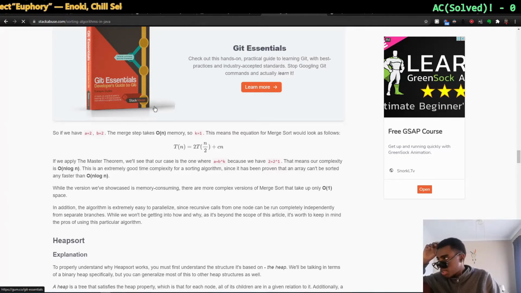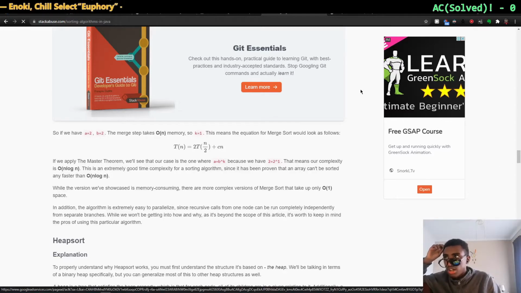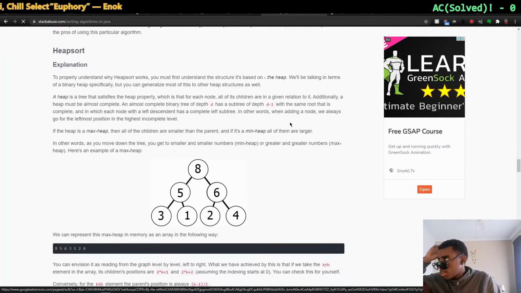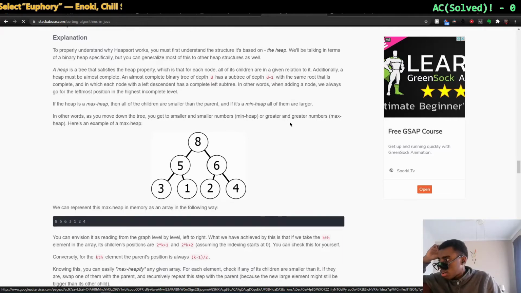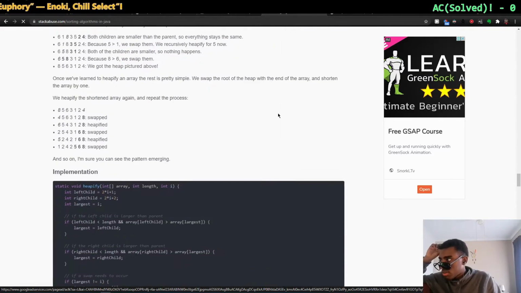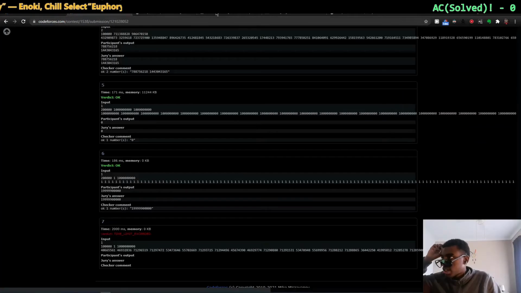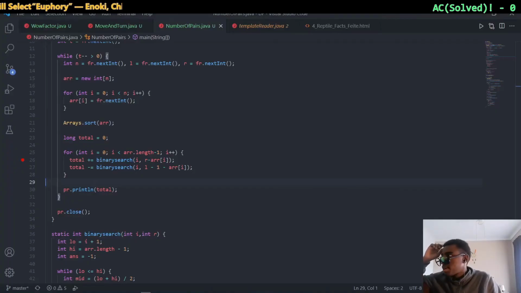O of n memory, O of n log n time. It can't be sorted any faster than n log n. Well then what? Because where else are we leaking memory? Not memory, time.